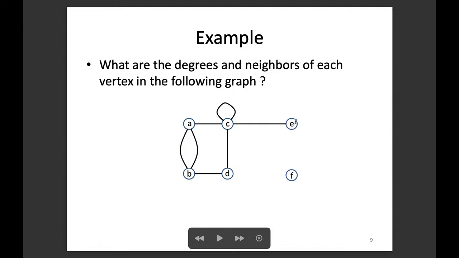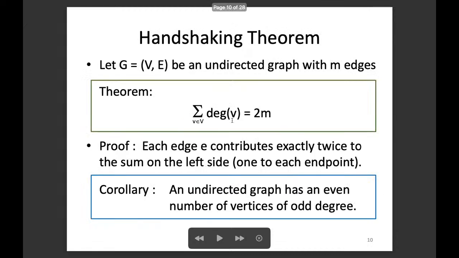This edge contributes 1 when we count the degree of E, and 1 when we count the degree of C. This edge contributes 1 to C and 1 to D. The self loop here contributes 1 to C, and then another 1 to C. So in that case, the total degree must equal 2 times the number of edges.